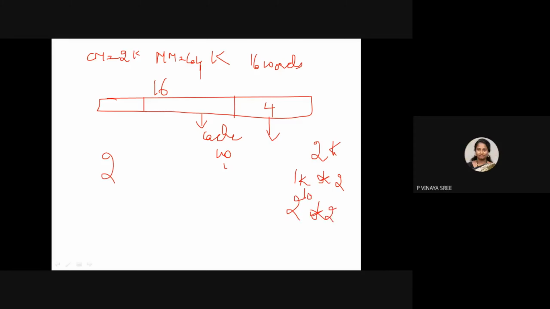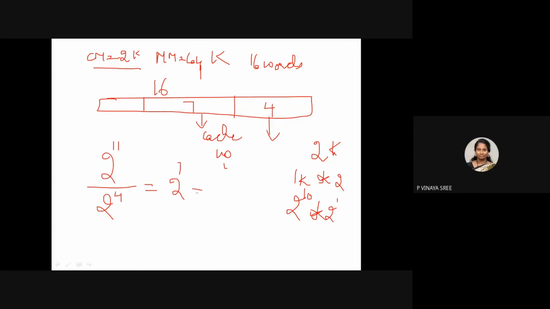Again, this is the whole cache that is given; we have not fragmented it yet. So 2 power 11 divided by 16 words, 2 power 4, gives the number of lines. 11 minus 4 is 2 power 7. So for cache line numbers it is 7 bits.